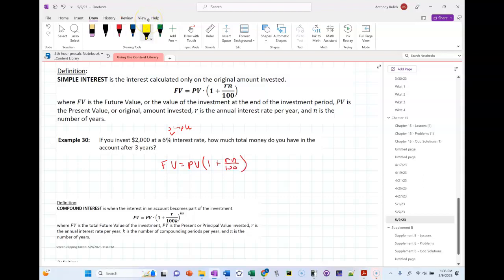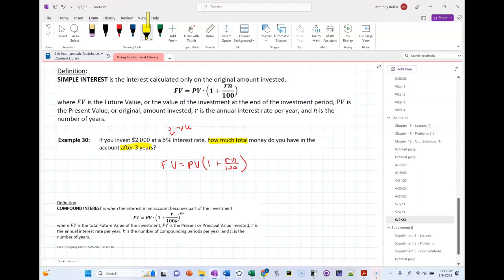Which parameter are we going to be solving for? Future value, present value, R or N? Can somebody tell me? Future value, great, because it asks how much money do we have in the future, right?